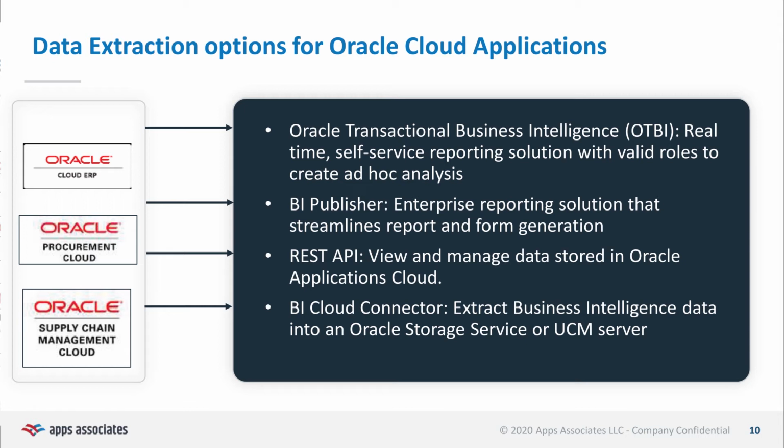It pulls data using BI view objects, also called PVOs, to extract large volumes of data from Cloud ERP applications. These files are generated directly to Oracle UCM or Oracle Object Storage based on the configuration in your specific environment. These files will be compressed in CSV file format and you can use them for reporting purposes.